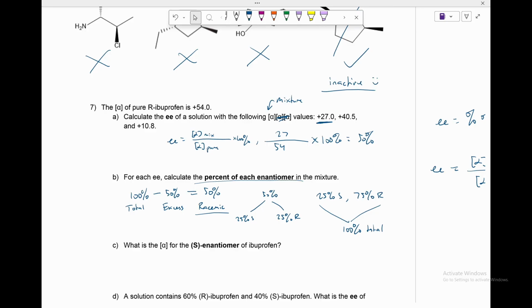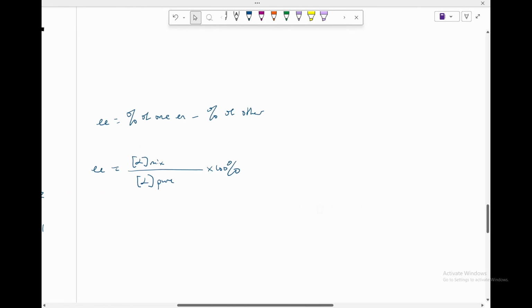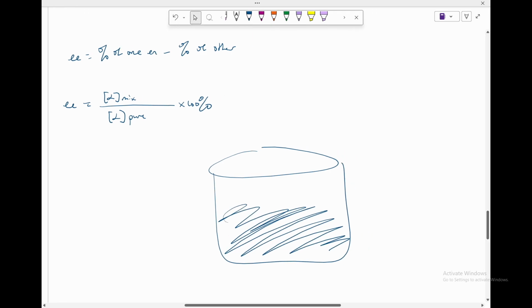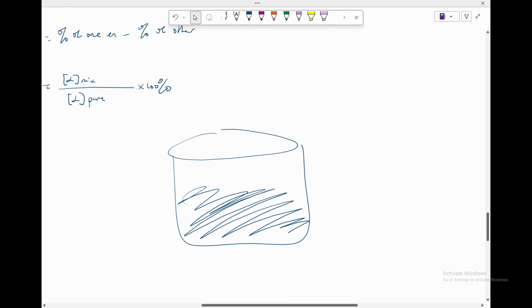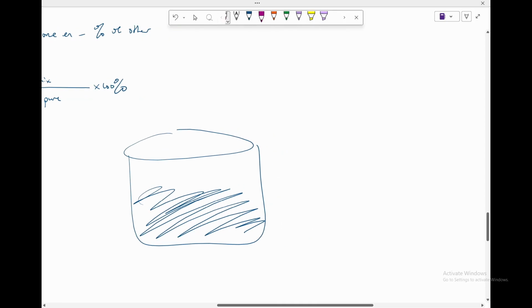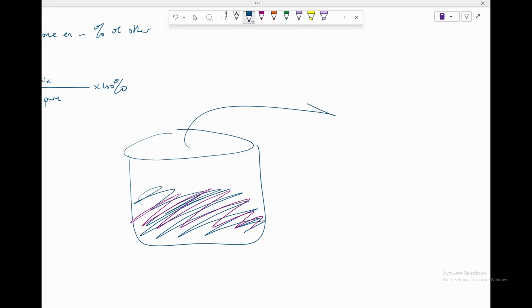Okay. So, if this didn't really make sense, I want you to imagine a jar filled with jelly beans. Maybe I have red and blue jelly beans, a mixture of red and blue. I may have an excess of blue jelly beans. So what if I took the excess out?